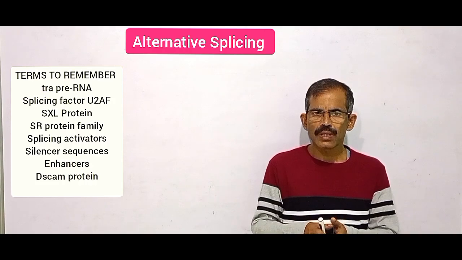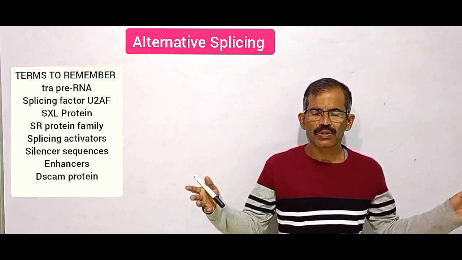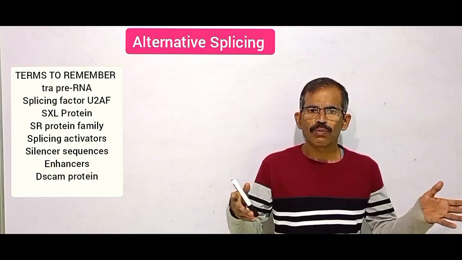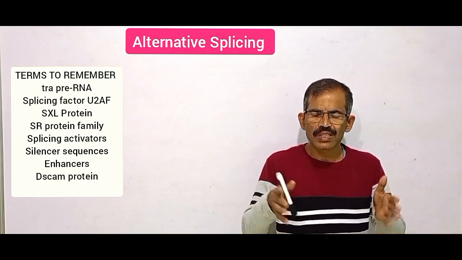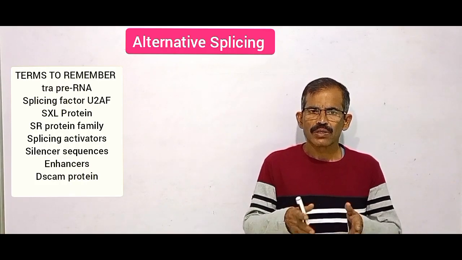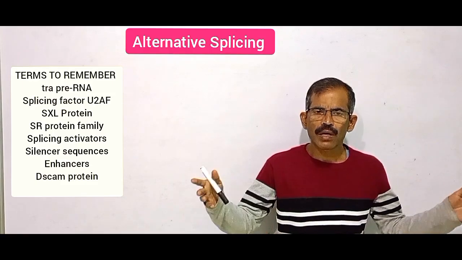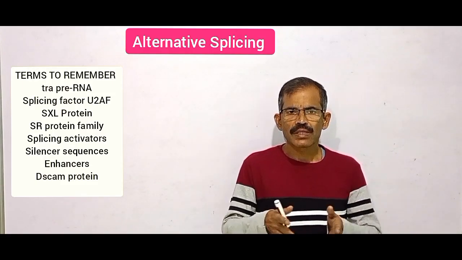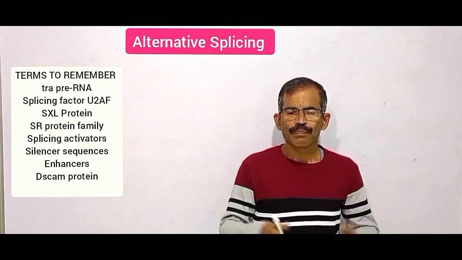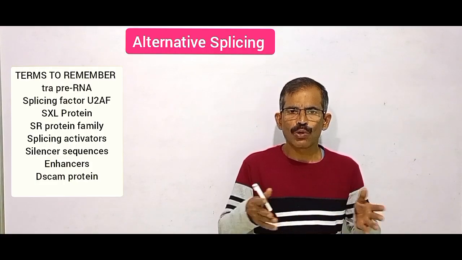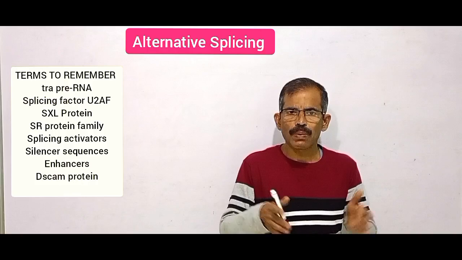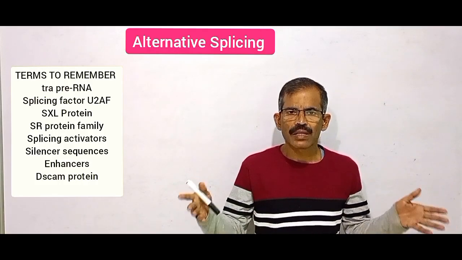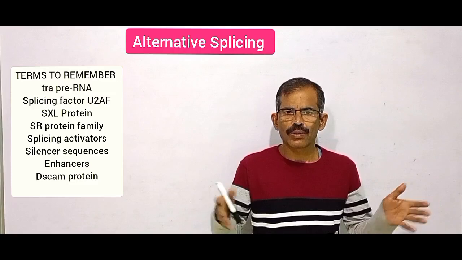This possibility of joining exons in varied combinations provides a novel means of controlling gene expression by generating multiple mRNAs, and therefore multiple proteins, from the same pre-mRNA. This process is known as alternative splicing, which occurs frequently in the genes of higher eukaryotes.